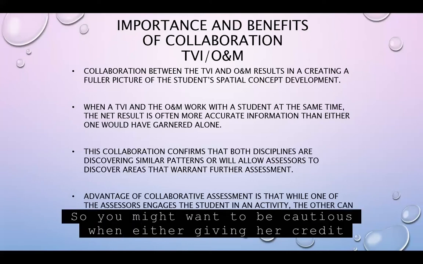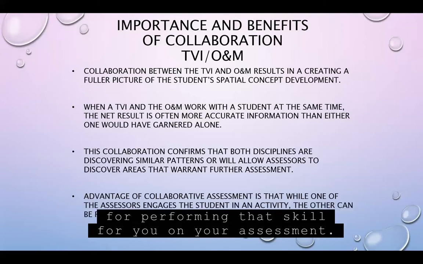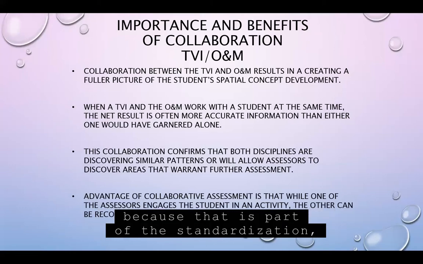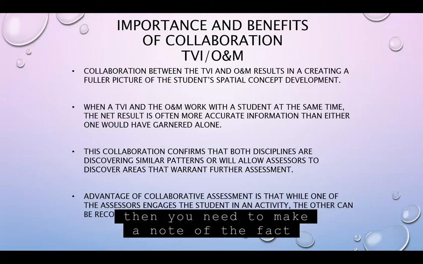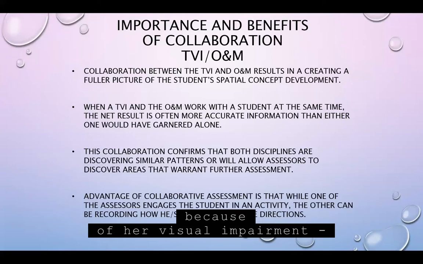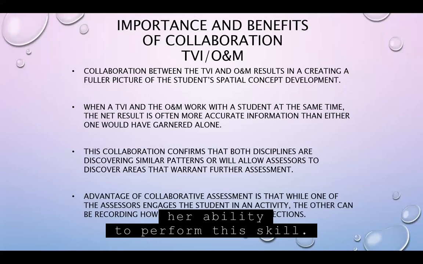So you might want to be cautious when either giving her credit or not giving her credit for performing that skill for you on your assessment. If you don't give her credit because that's part of the standardization, then you need to make a note of the fact that she did not get the skill correct. However, her visual impairment may have actually impacted her ability to perform this skill.